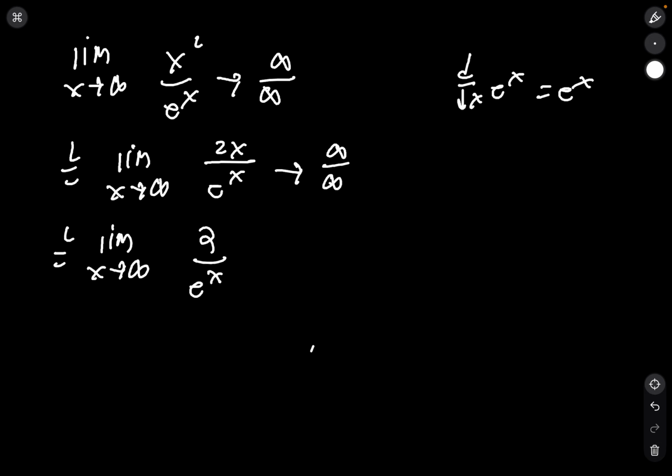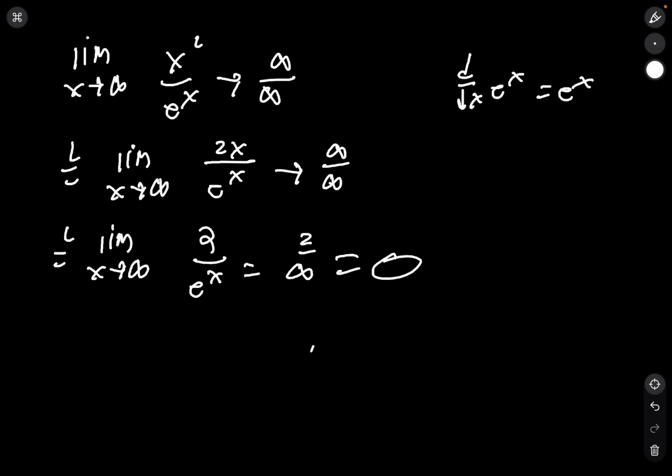And you see here that we finally have a function that we can plug into. We know that the limit as x approaches infinity for 2 is just 2, and for e to the x is infinity. So it's basically just 2 over infinity. However, we know that a constant over a hilariously huge number such as infinity is always going to be 0 because it's bottom heavy.